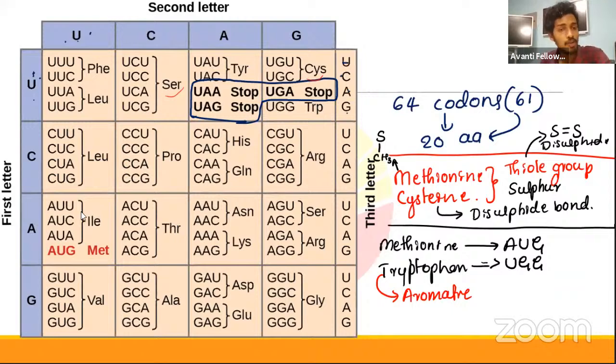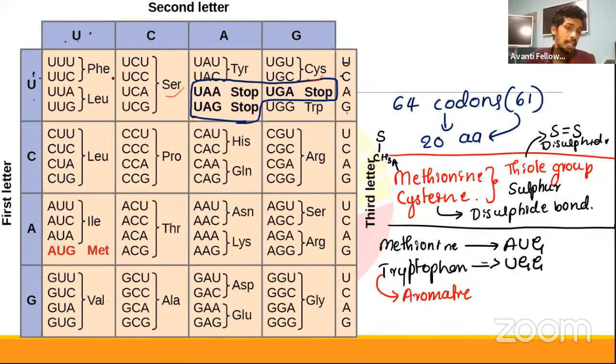But if you are interested in KVPY, then try to remember it in this fashion: phenylalanine to valine, serine to alanine, tyrosine to glutamine, cysteine to glycine. There are mnemonics you can search for, but those are based on acidic amino acids, basic amino acids, like that.